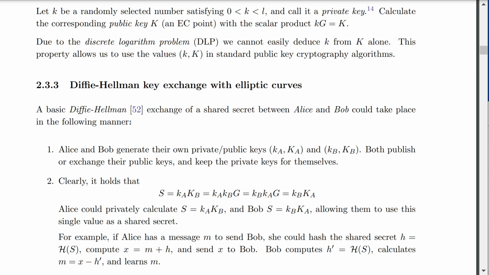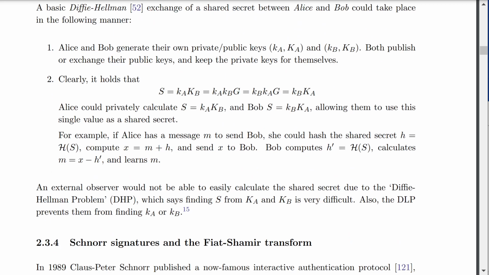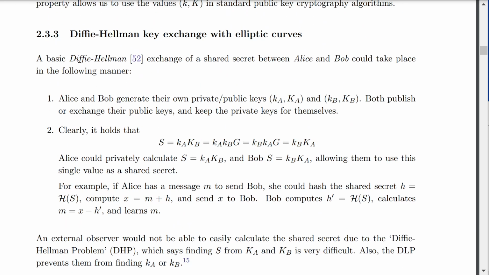So with that, we move on to Diffie-Hellman key exchange, and just to read it directly, a basic Diffie-Hellman exchange of a shared secret between two people, we'll call them Alice and Bob, can take place in the following manner. Essentially, both Alice and Bob have their public-private key pairs, and each of them publishes their public key and keeps the private key only for themselves.